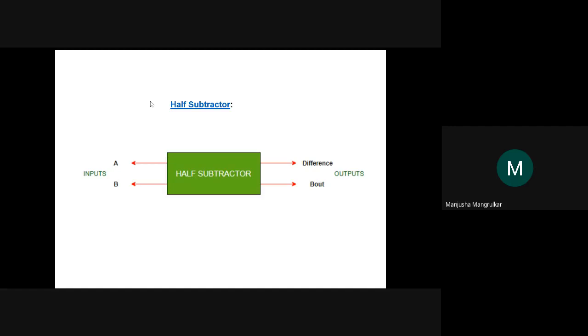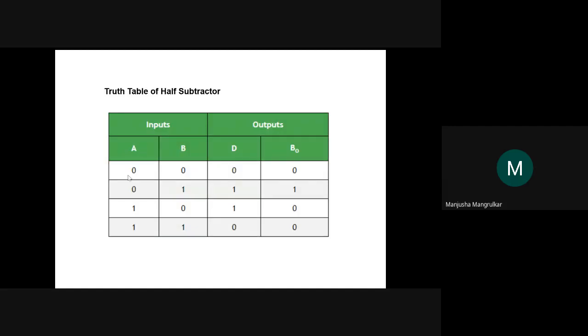Now we'll see it is a two input, right? 0 0 0 1 1 0 1 1. Now here 0 minus 0, your difference is 0, your borrow is also 0, you don't need to borrow anything. Now 0 1: 0 minus 1, the 0 is less than 1, so here you need to borrow 1.